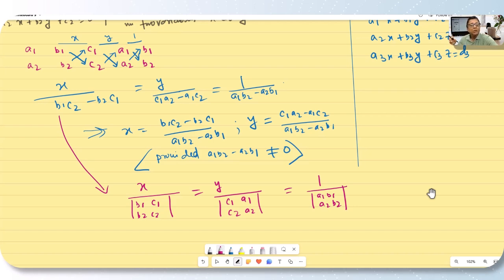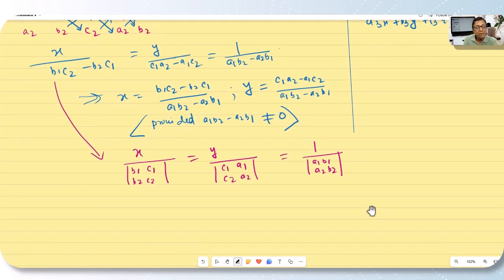No. Here I am writing the coefficients first, b1, b2, c1, c2, but I have used brackets in this manner. This is called a determinant. We can find its value by remembering this quantity: b1 c1, b2 c2 has the value b1 into c2 minus b2 into c1.